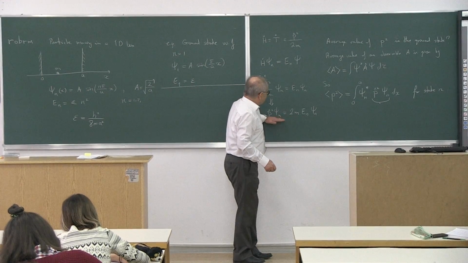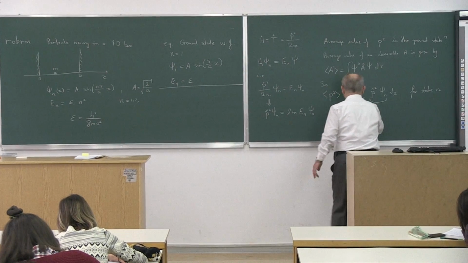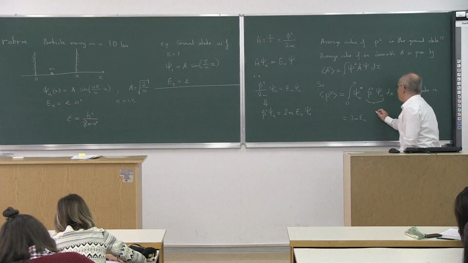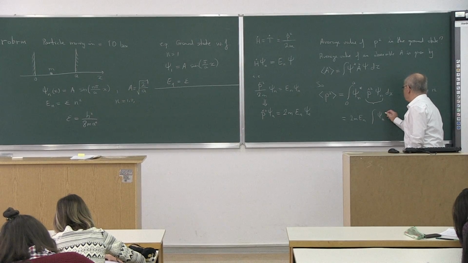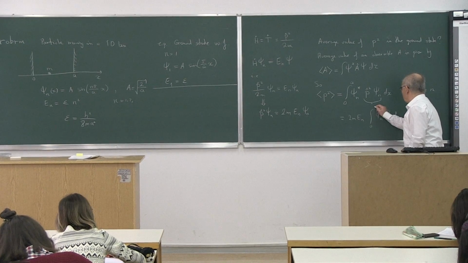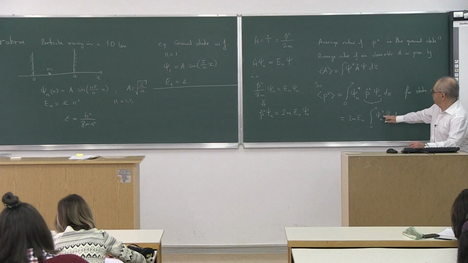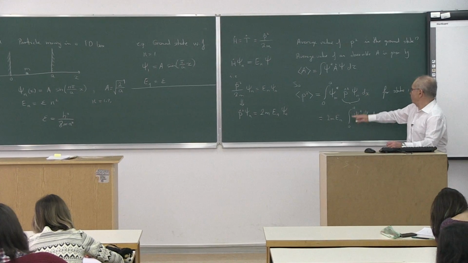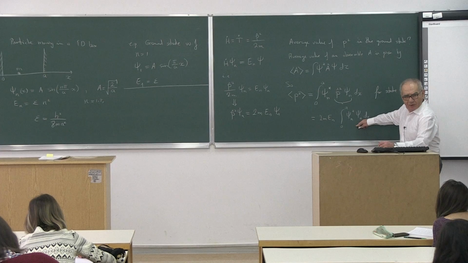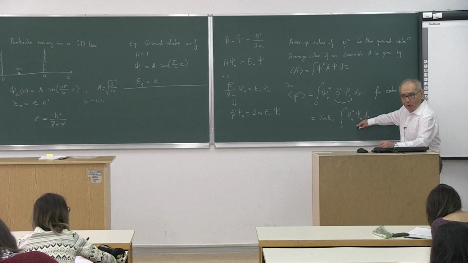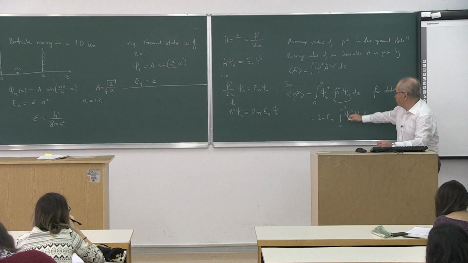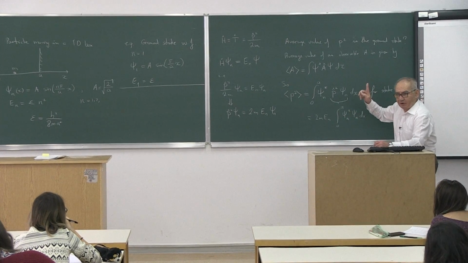Therefore, when you substitute this expression here, but the value of this integral, what is it? 1, because we have selected a, the normalization constant, to make sure that the value of this integral is 1.